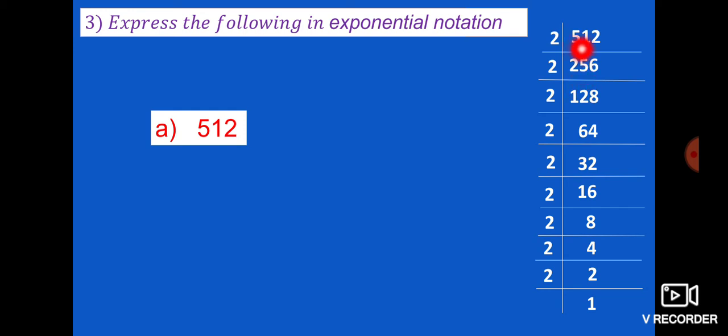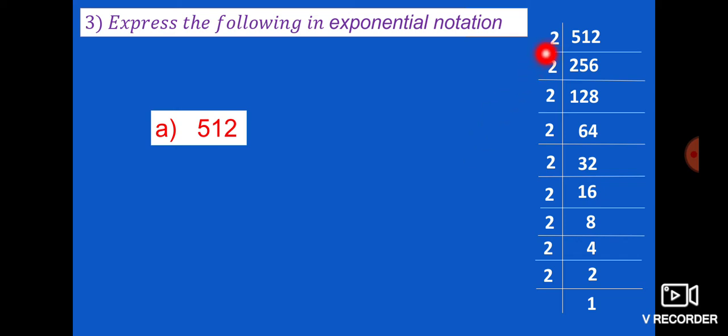Then the remaining 1, put 1 here, the number becomes 12. In 12, how many 2s? 6. Then 256, again dividing by 2 gives 128, then 64, then 32, and so on, until we get 1 as the last answer.